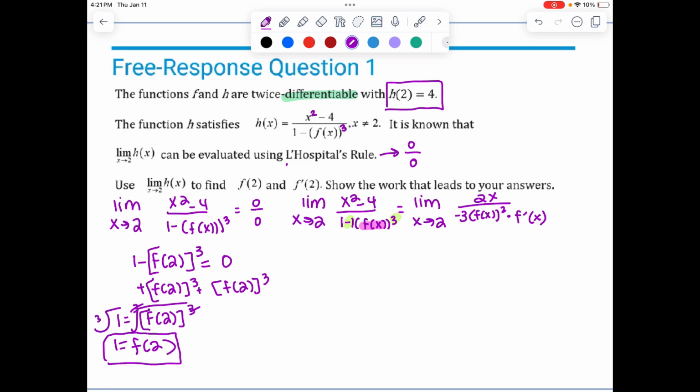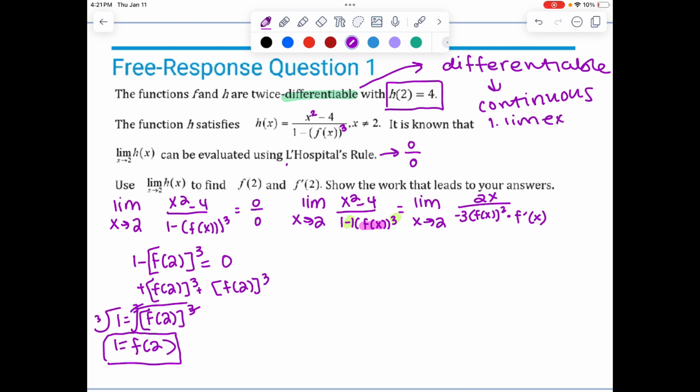And like I said earlier, if a function is differentiable, it is also continuous. And if a function is continuous, there are 3 conditions that are true. The limit exists. The point exists. And finally, the limit equals the point.